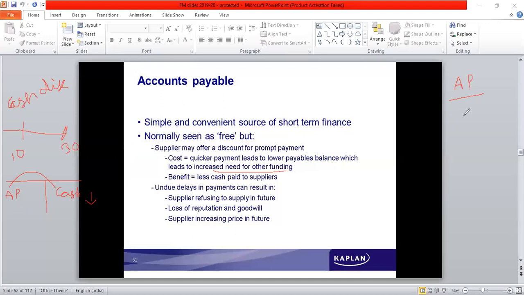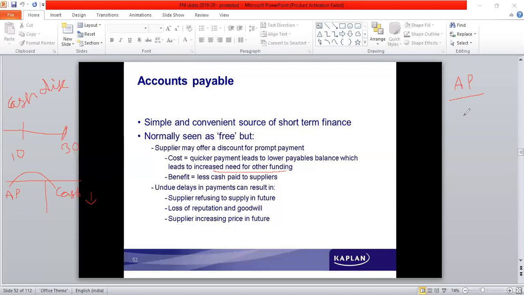If they fail to make the payment on the due date, that is again sending a negative message stating that they are unable to meet their payments. That puts the supplier into an apprehensive situation where they will not be willing to trade with the company in future because they are not able to make the payments promptly. Overall, the business gets affected.